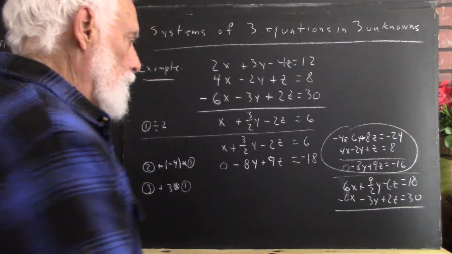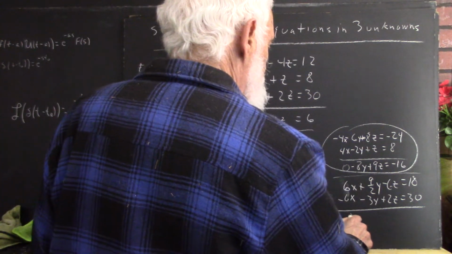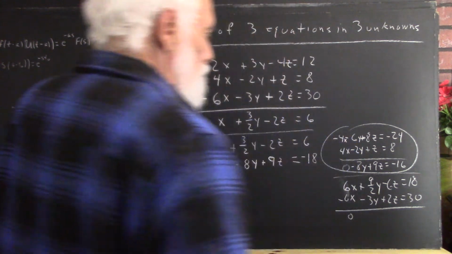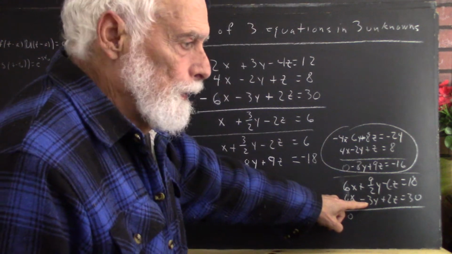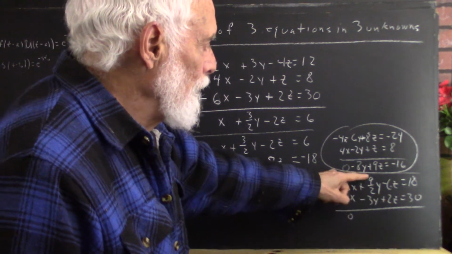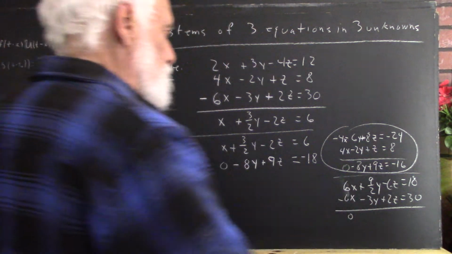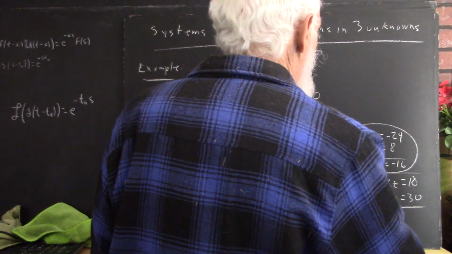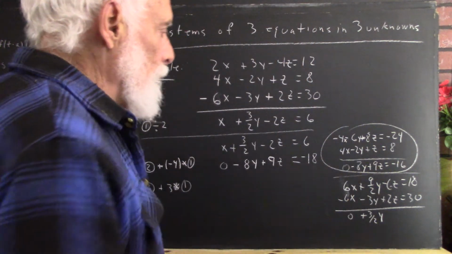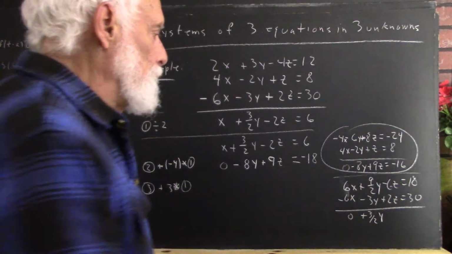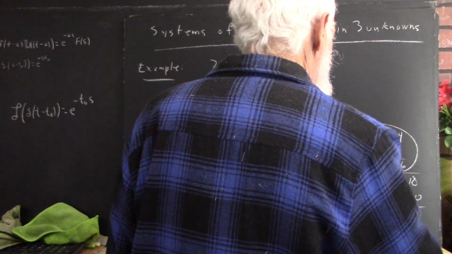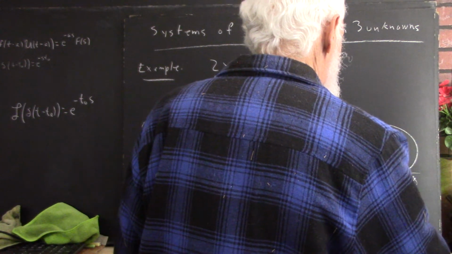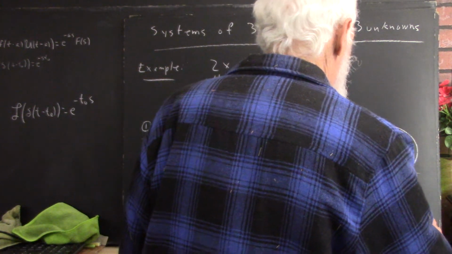So when I add these up, I'm going to get 0. And then 3 is 6 halves. Got 9 halves minus 6 halves, which is going to leave me 3 halves y. And then minus 6z and 2z is minus 4z. 18 and 30 is 48.